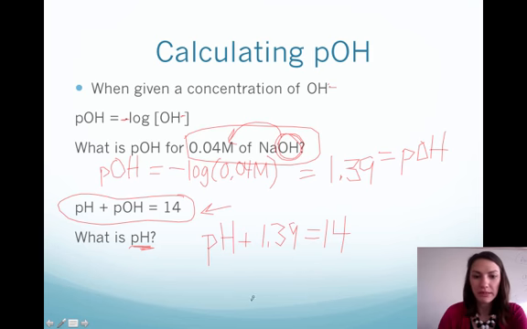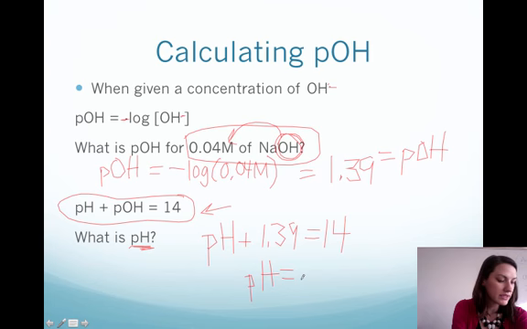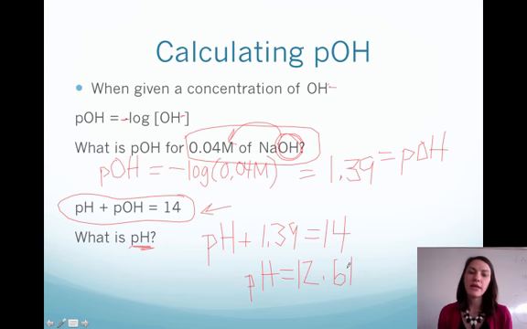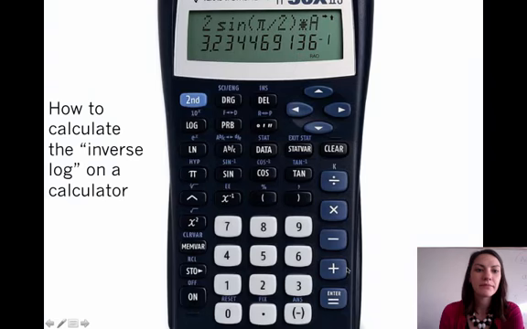So I'm going to just do a simple subtraction step. pH equals 14 minus 1.39, and I will get 12.61 as my answer. And that's my pH for this one. All right, so the skill is the same. It's depending, are you finding the negative log of the hydrogen ions or of the hydroxide ions?